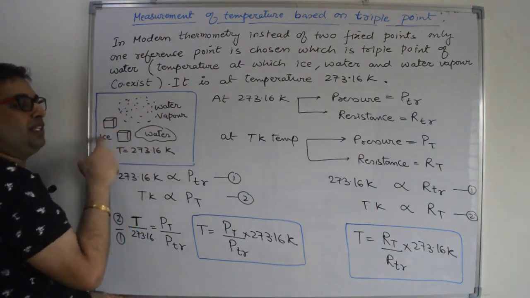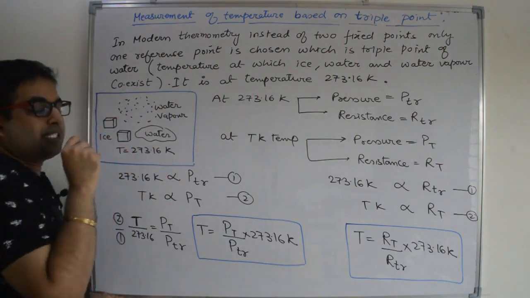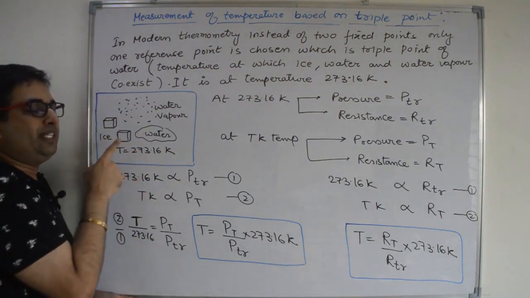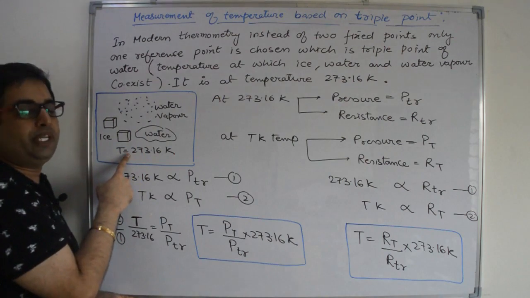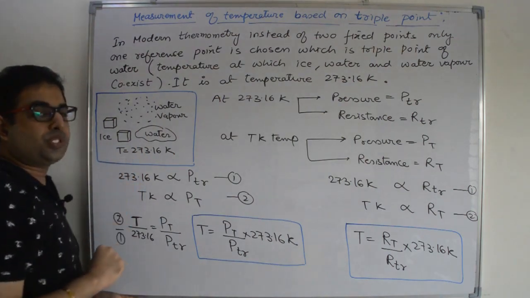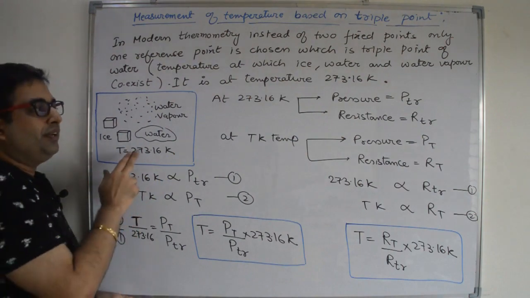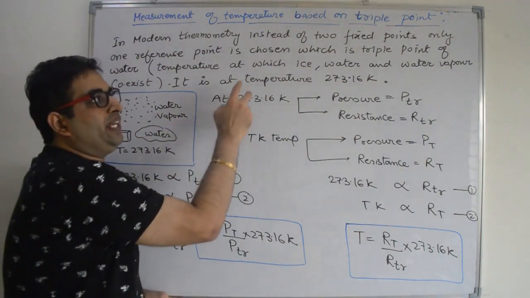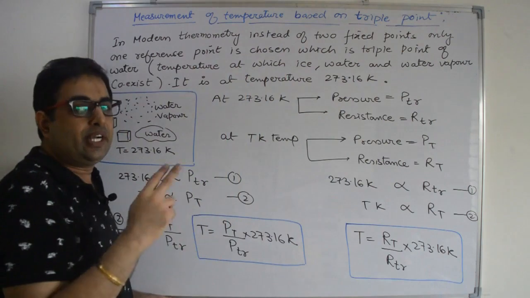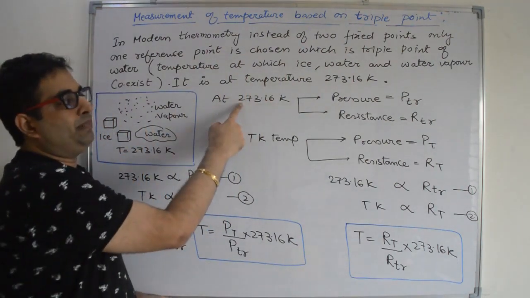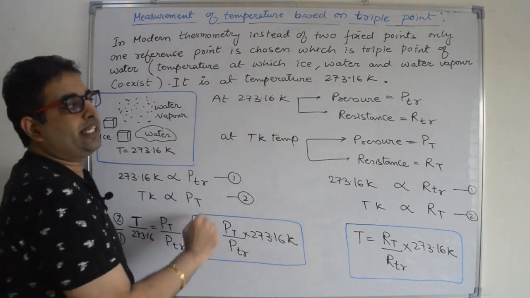It is the temperature at which all the three states of water, ice, water and water vapor, coexist. So when all the three states are available at the same time, this temperature is our reference point, and this is known as the triple point temperature, and its value is 273.16 Kelvin, right? So instead of taking two reference points, 0 and 100, here we will take only one reference point. That temperature is 273.16 Kelvin.